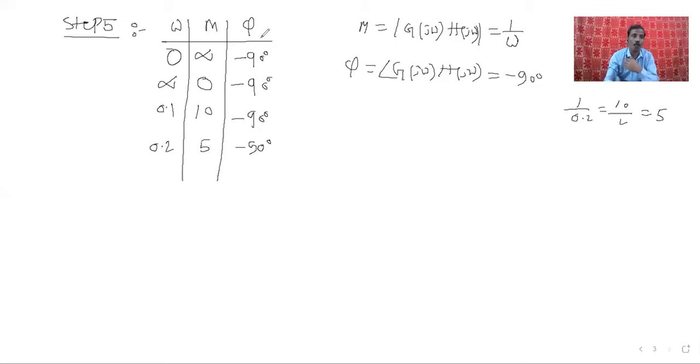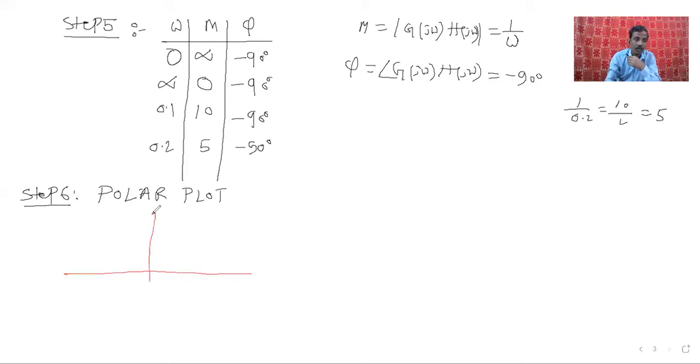Then step number 6, polar plot. Draw the polar plot by using step number 5. This is the real axis and imaginary axis.